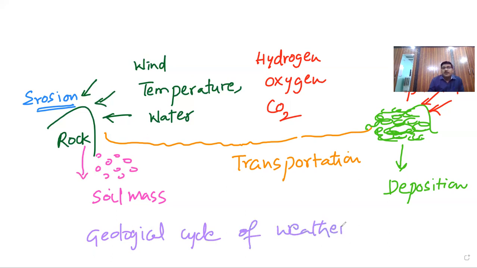That means all the soils are formed by this cycle. Clear? Agents disintegrate the rocks, either physically or chemically, but all types of soils are formed from this process of the geological cycle of weathering.